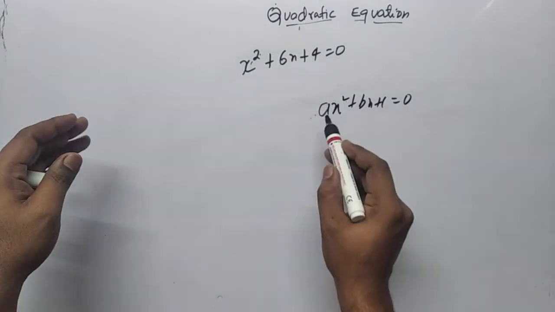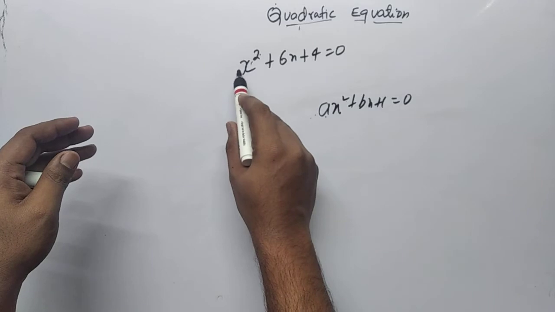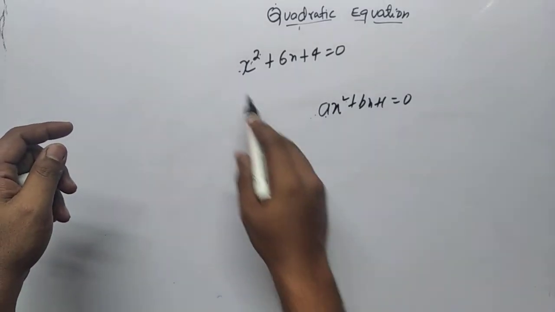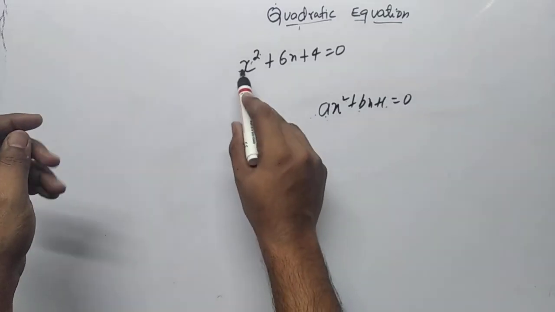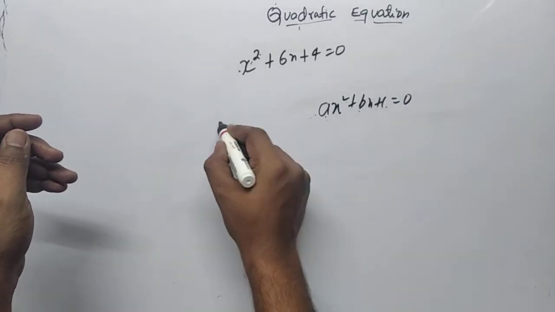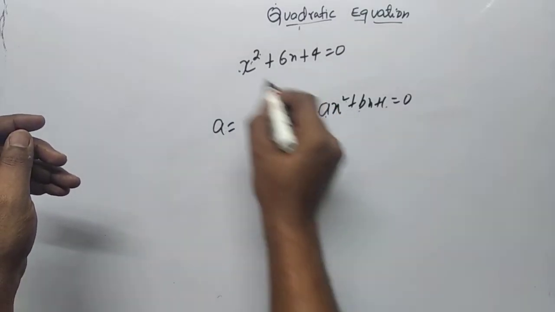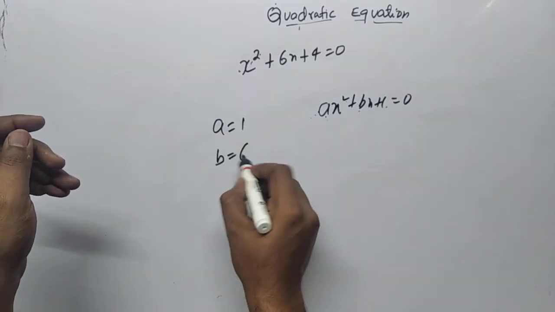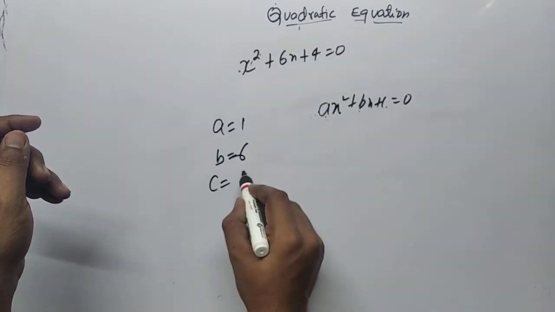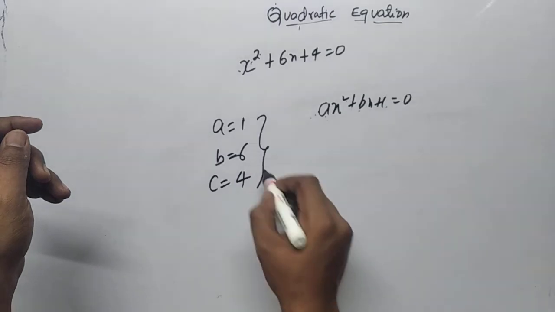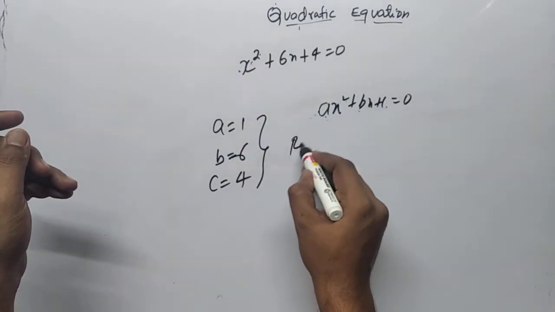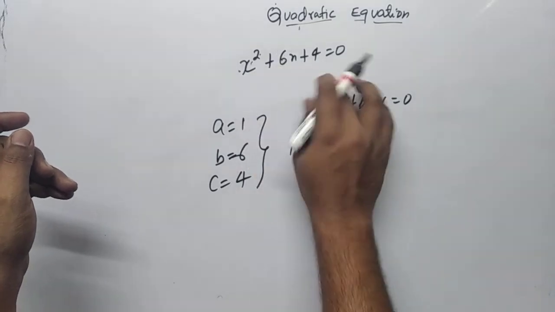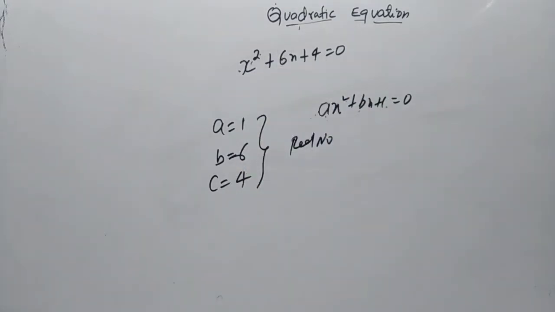Second, we have to find whether the a value is not 0. Here the a value is 1, so it is not equal to 0. Third condition, the a, b, c values should be real. Comparing, a is 1, b is 6 and c is 4, and you will find that the coefficients a, b, c are real numbers. So you can say that this is a quadratic equation.